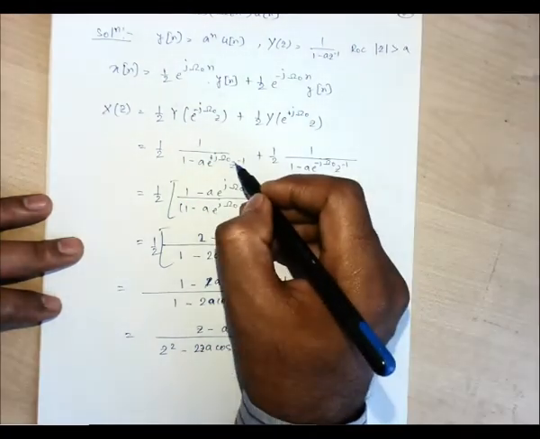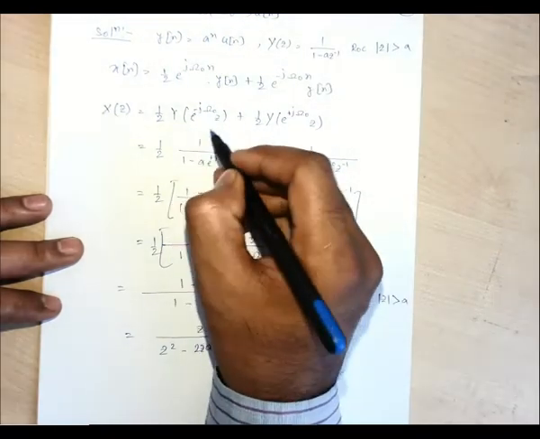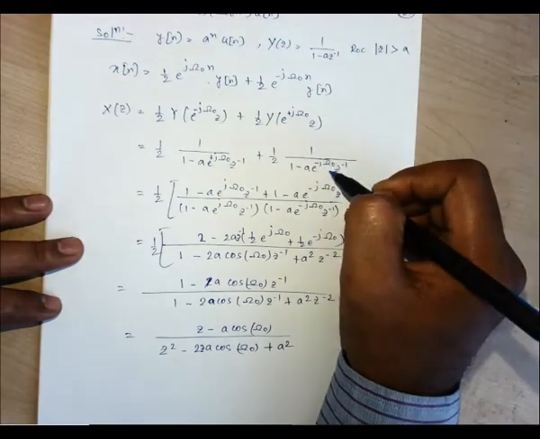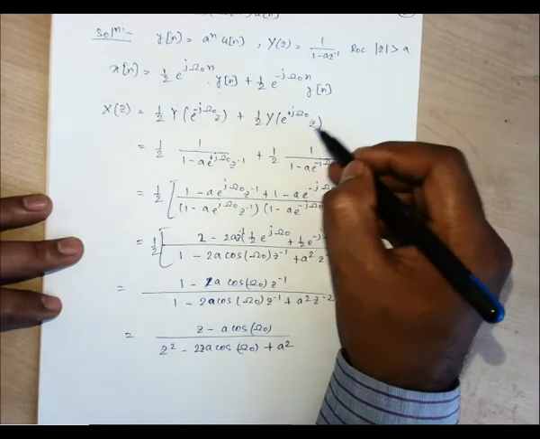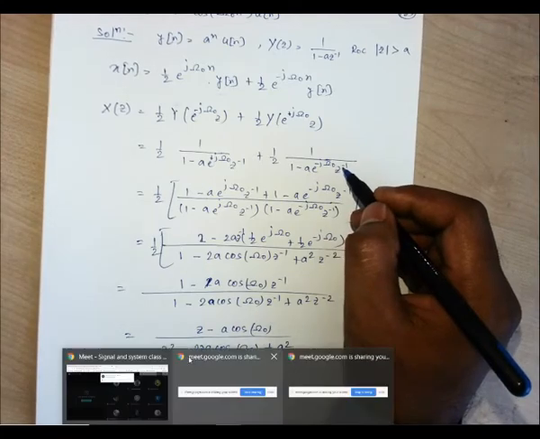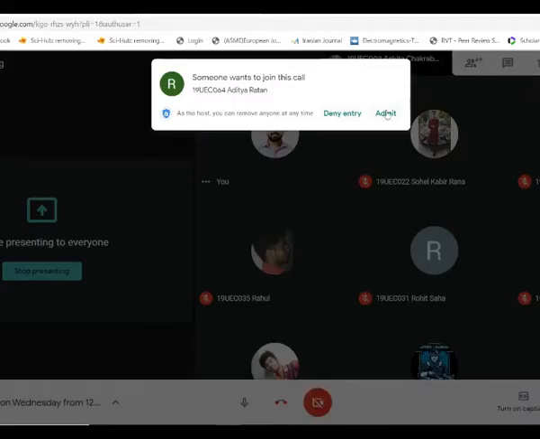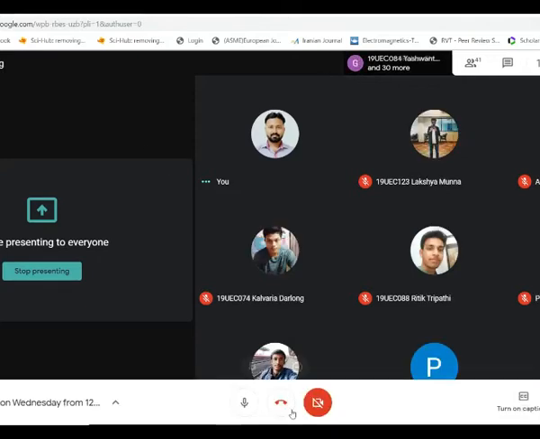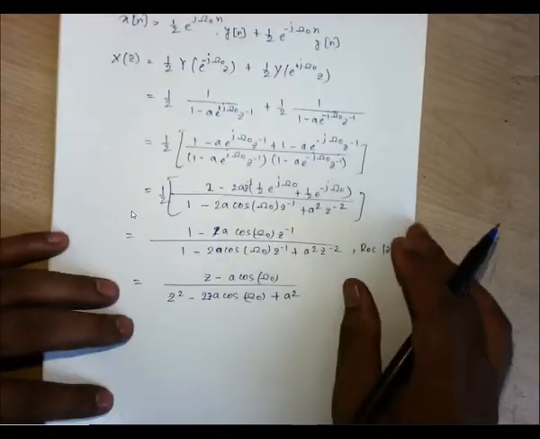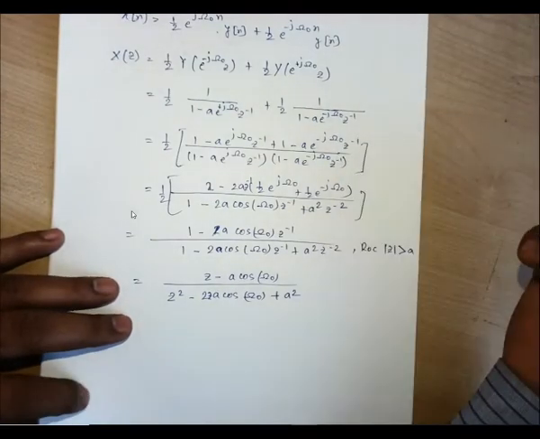So z inverse means z inverse and the inverse of this, the power becomes positive. And for this 1 by a into z inverse, for both of these parts z inverse is there. Okay. So after all, the same normal procedure, we do the simplification.